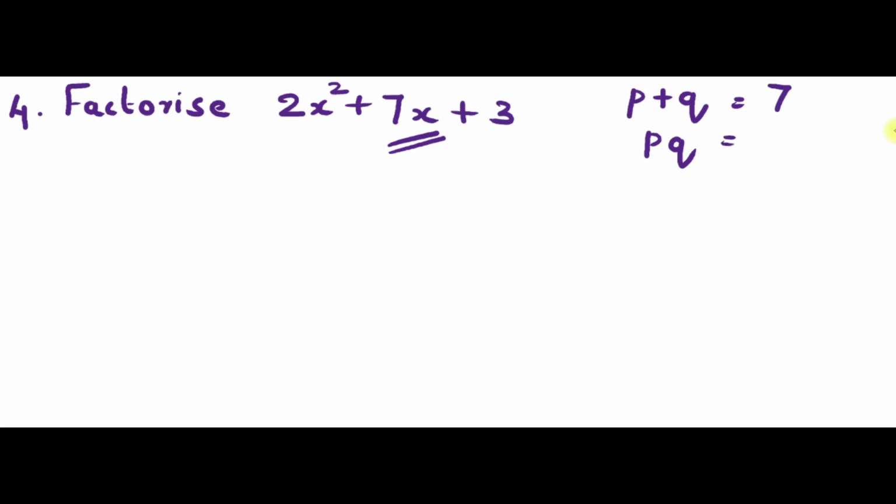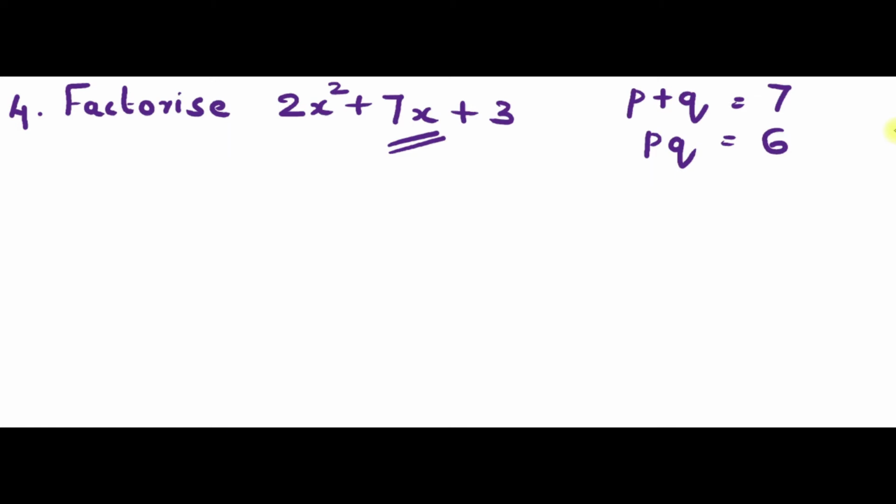And pq, if the coefficient of x square is equal to 1, then you can directly take the constant term. If it is not equal to 1, then you have to multiply the constant term with the x square coefficient. Here 3 multiplied by 2 will give you 6.